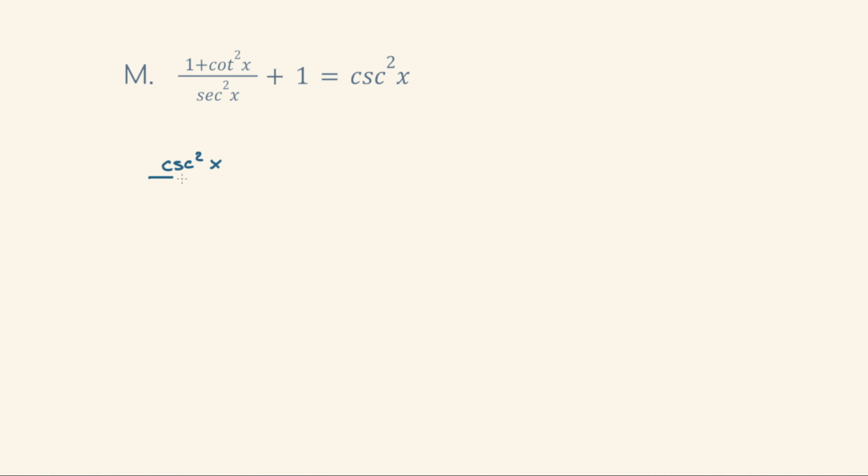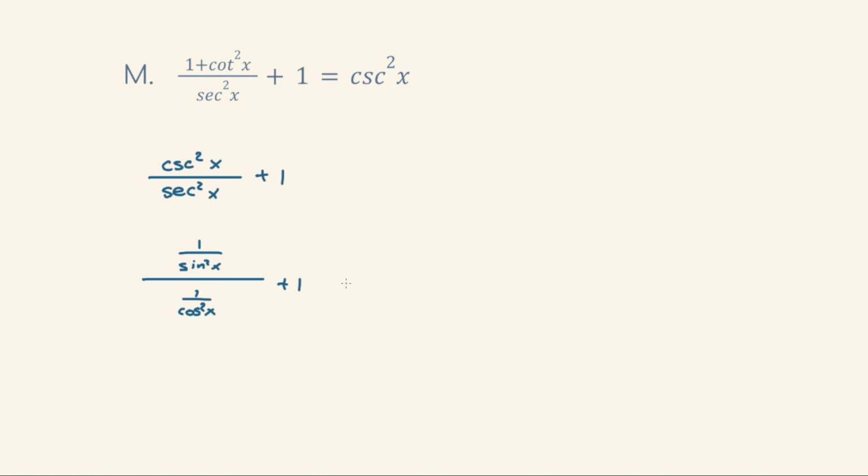And in my denominator we have secant squared x. Let's keep it as it is for now, plus 1. Cosecant squared x, what is that? That's 1 over sine squared x. And in my denominator, I have secant squared x. That's just 1 over cos squared x, right?